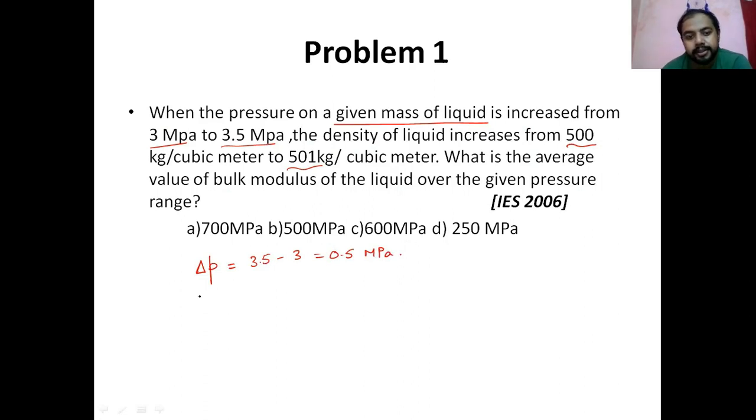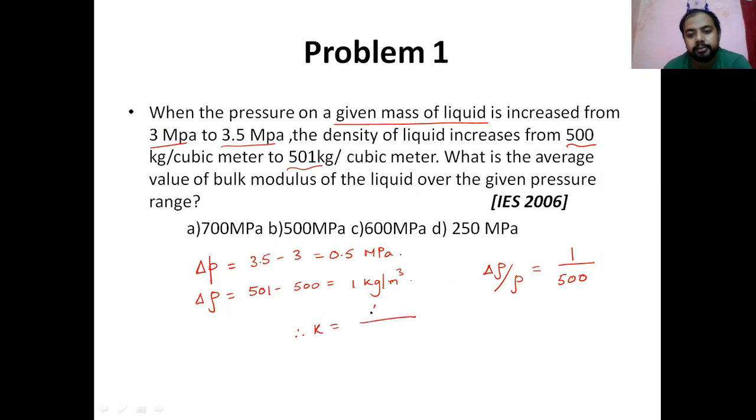What is the change of the density? The density changes by 1 kg. So here del rho by rho will give you 1 by 500, since the initial density was 500. So it is very easy.